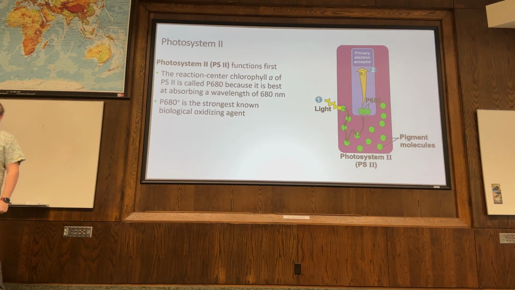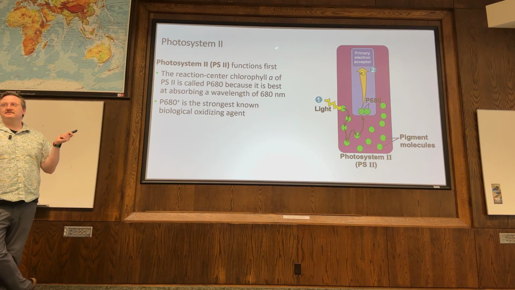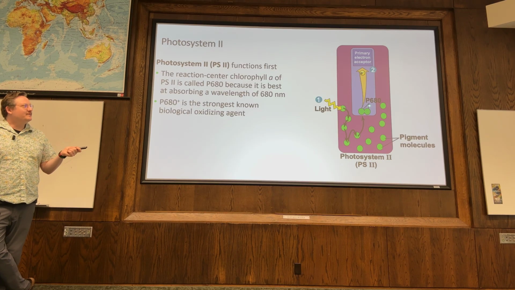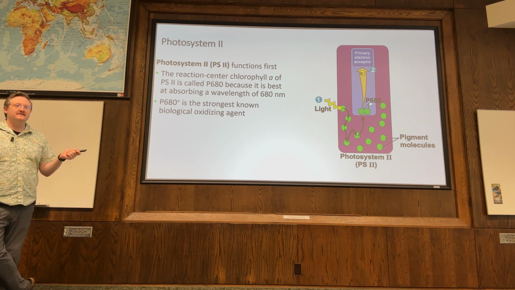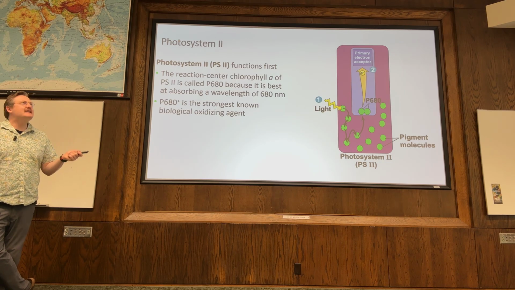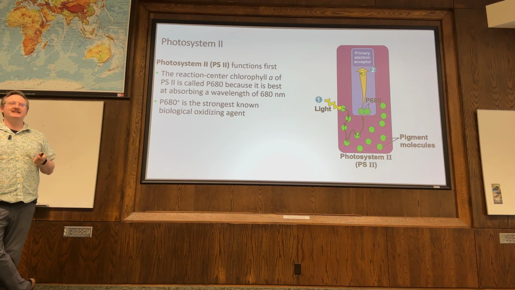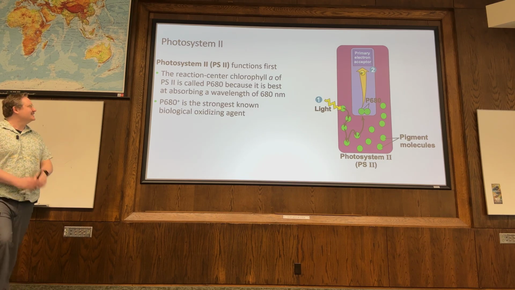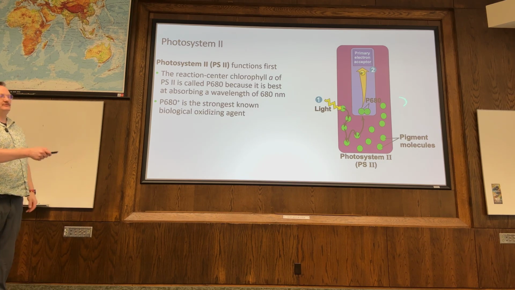The photosystems. Photosystem 2 functions first. The reaction center special pair of chlorophyll molecules is called P680 because light with a wavelength of 680 nanometers is the best at driving it.